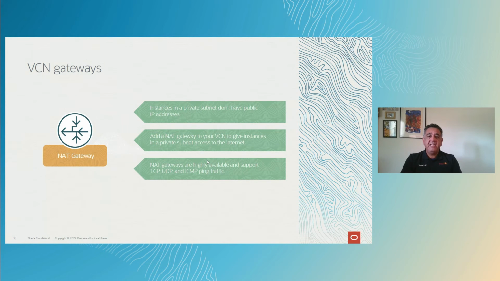For that, we have the network address translation, or NAT, gateway. The NAT gateway will allow your resources to originate traffic from within the virtual cloud network out to the open internet. However, resources on the internet will never be able to access your resources in the virtual cloud network through the NAT gateway.